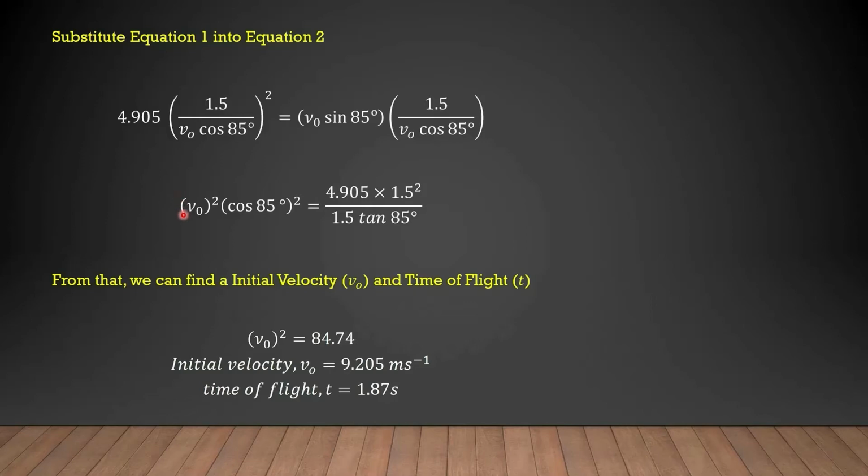So we got the equation V0 squared times cos 85 squared equals 4.905 times 1.5 squared divided by 1.5 tan 85 degrees. From this equation, we can find initial velocity V0 and time of flight t. So we got initial velocity V0 equal to 9.205 meter per second, and time of flight t we got 1.87 second.